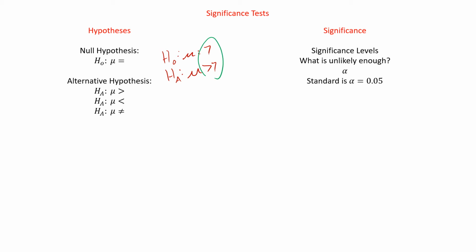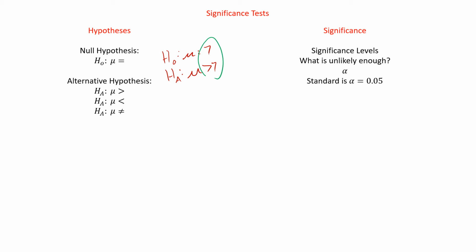Now, that's not a hard and fast thing. You can have smaller ones or bigger ones. I've seen 0.01. I've seen 0.1. It all depends on how unlikely or improbable it is. How much evidence do you need against that null hypothesis to prove your point?